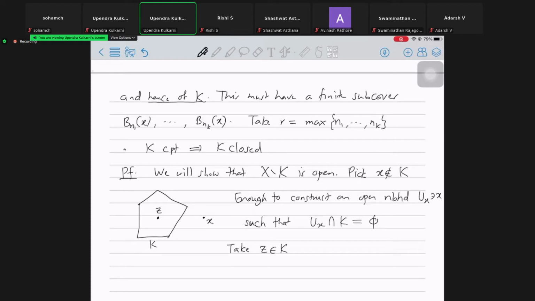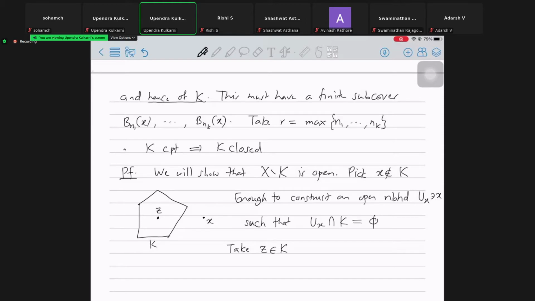I want to go a little further in this direction because I want to use compactness of K. So let's take this strategy. I take the distance between X and Z, let's call it R, and I take a ball around X of radius R by 2. That's how I have avoided Z, right?